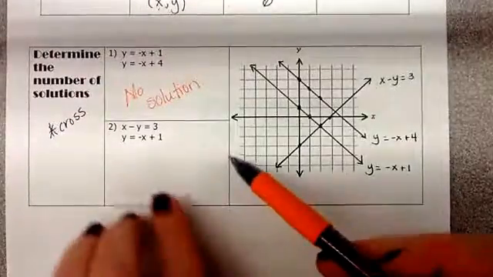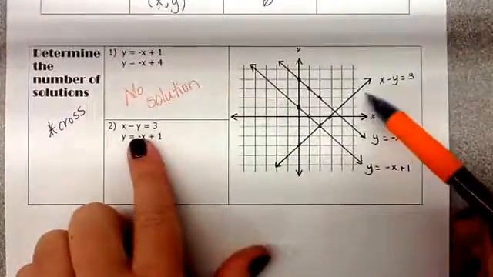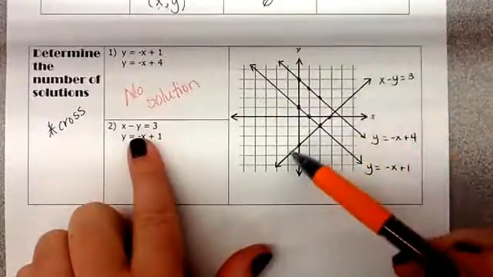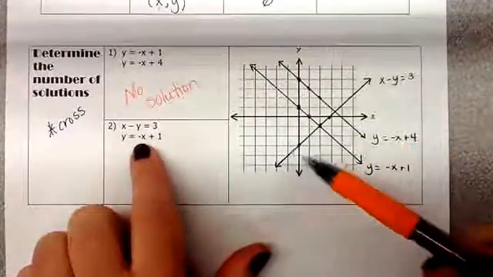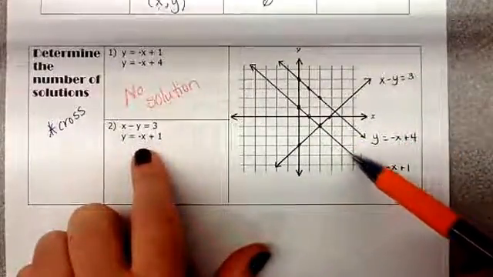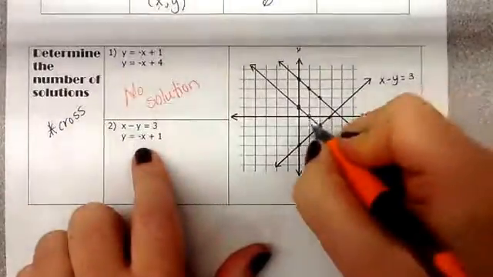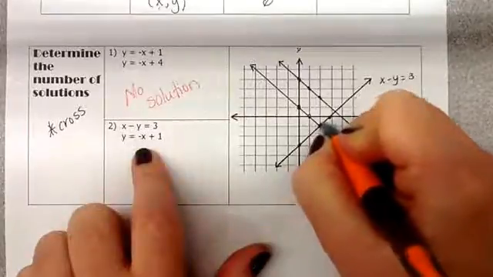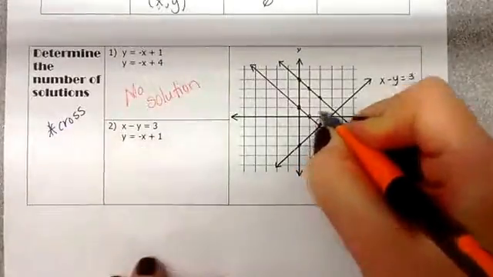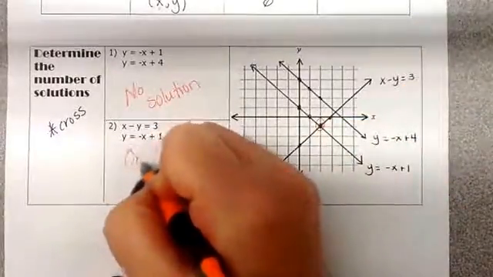Let's see how you did. X minus y equals 3. It's right here. And y equals negative x plus 1. Do these two lines cross? Yes, they cross right here. So there is one solution.